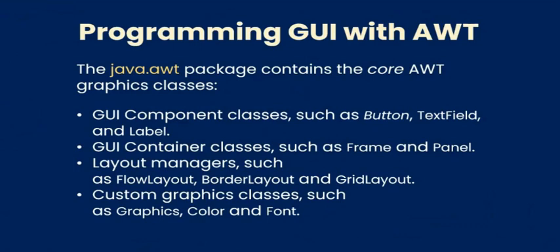For example, when you sign up on Facebook, you type your first name, last name, then username or password, and so on. So that is an example of GUI component classes.